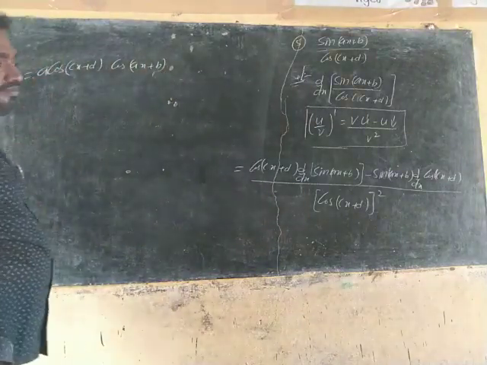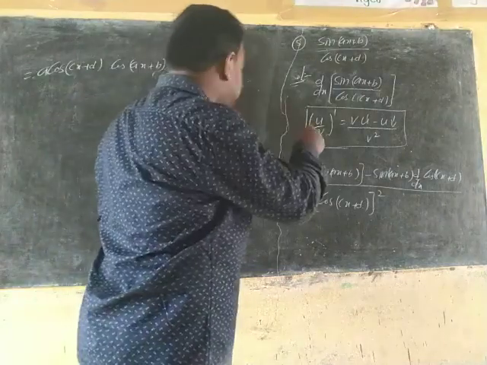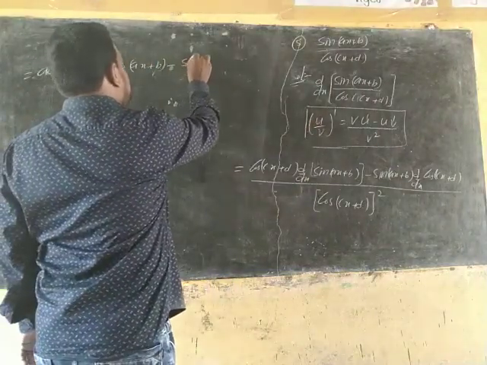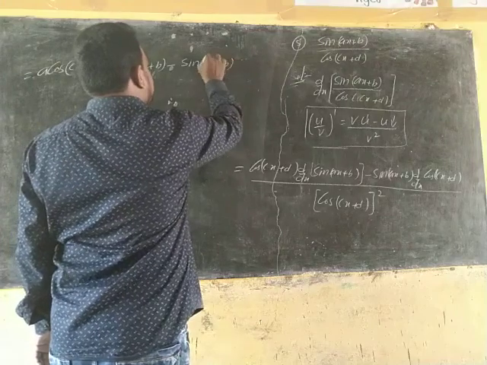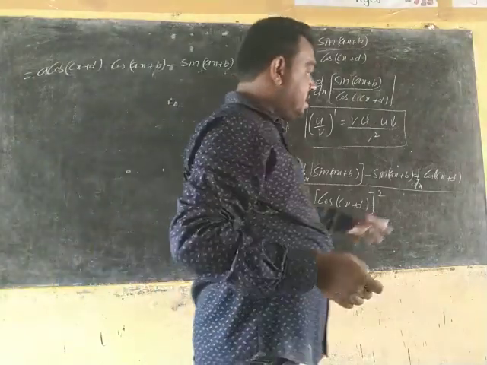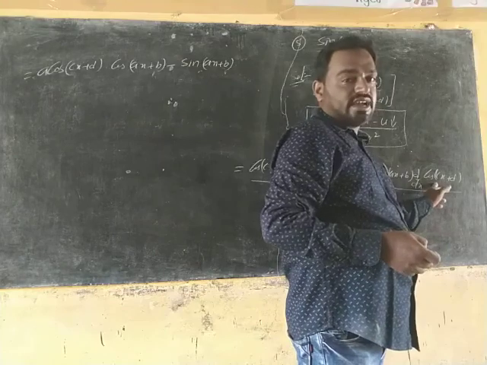So a into. Next to minus sine of ax plus b into cos function derivative, minus sine.